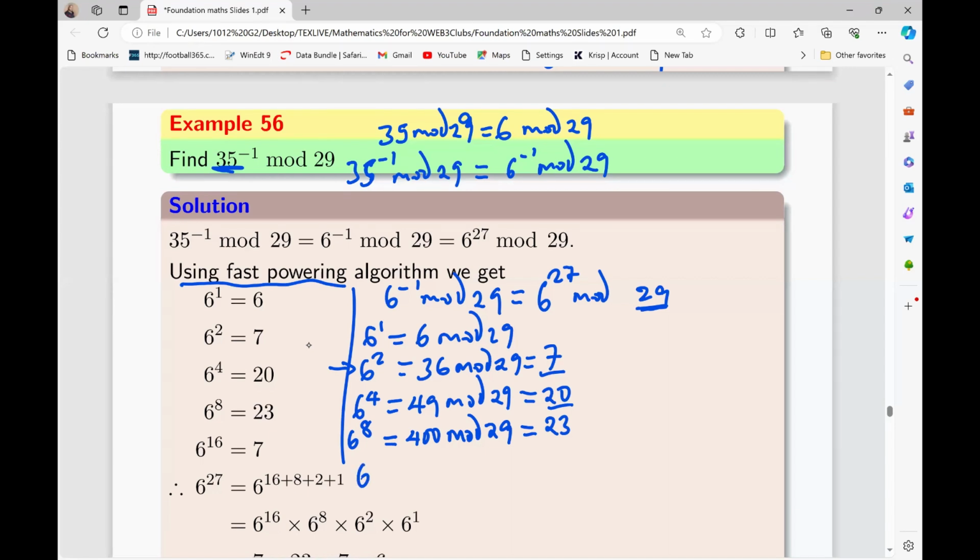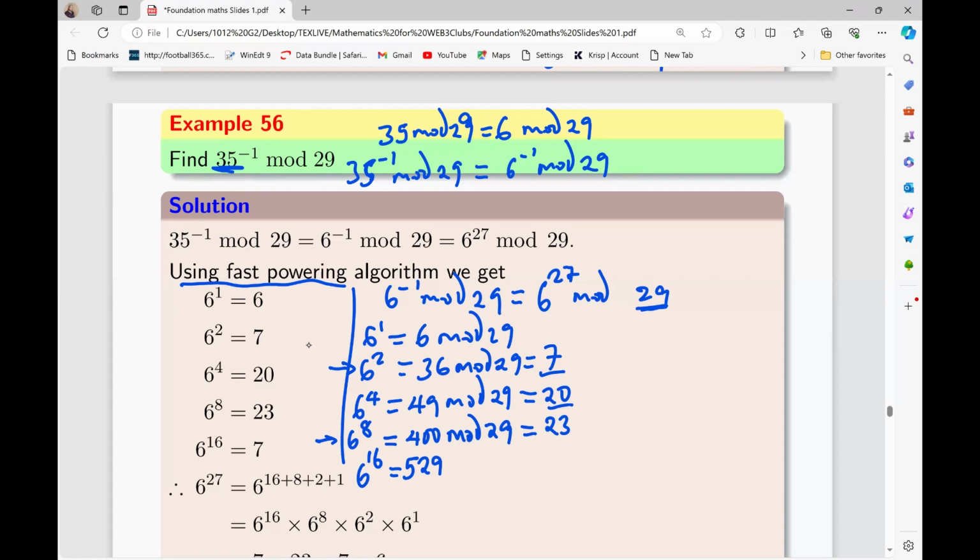Next, 6 raised to 16, just squaring the line just above. The square of 23 is 529. In fact, I don't need to write 529, that's a very big number.